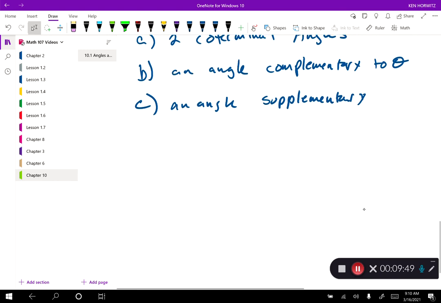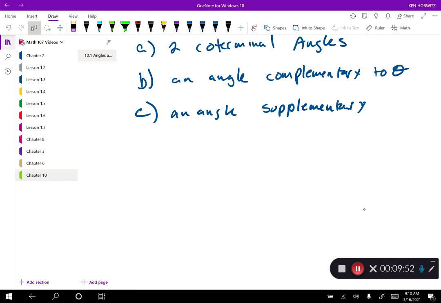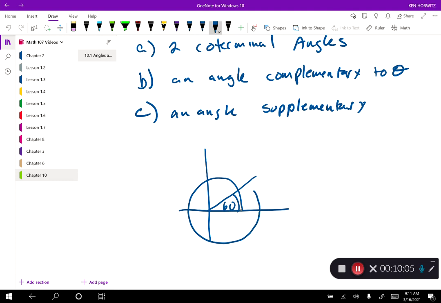So for two coterminal angles, first I'm going to draw it in standard position. There's 60. All right, now if I go all the way around the circle and go an extra 60, so I went 360 degrees and an extra 60 degrees. So that makes the whole thing 420 degrees. So this is the first coterminal angle.